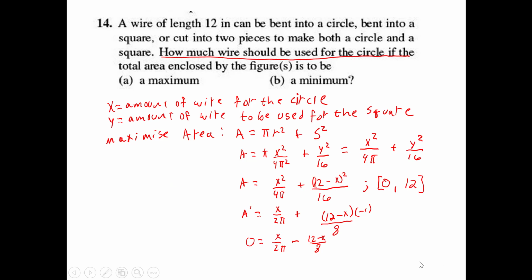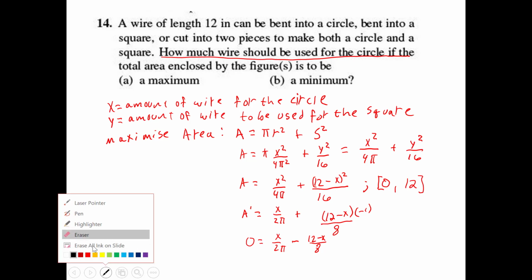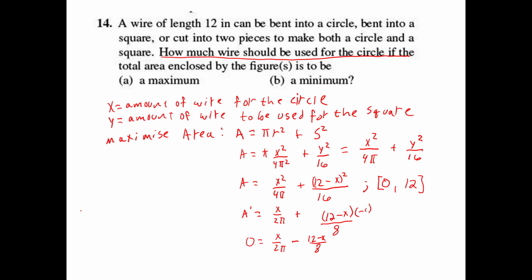Okay, so we're trying to figure out what's going to make this expression here 0. And so we're going to multiply both sides of this equation by 8 pi.